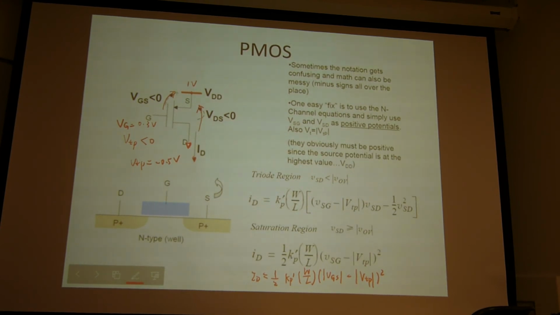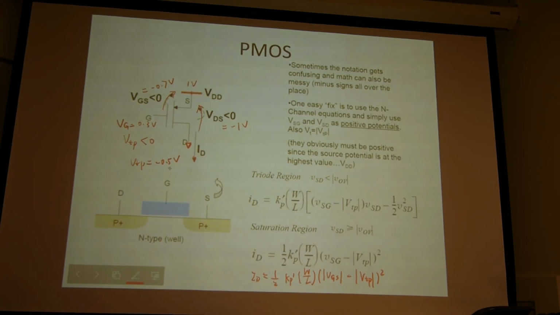So if you look at what the actual VGS is, it is negative 0.7. Right? Because 0.3 minus 1, you will get negative 0.7. And then VDS will be 0 minus 1, you get negative 1 volt.